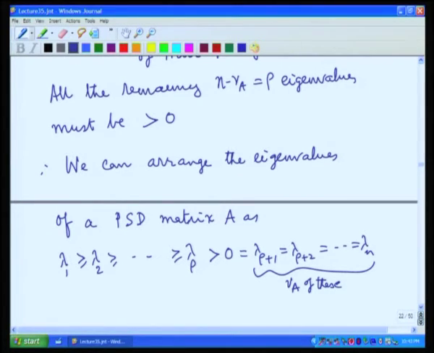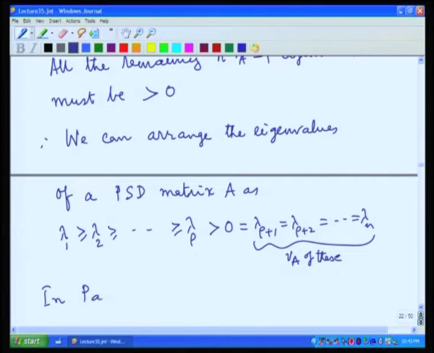Therefore, if we have a positive semi definite matrix of rank rho, we can always split the eigenvalues into two groups. One group of eigenvalues which are all strictly positive, then the eigenvalue 0, which, because nullity is nu A, will appear nu A times, and all the other eigenvalues put together will give us rho eigenvalues.